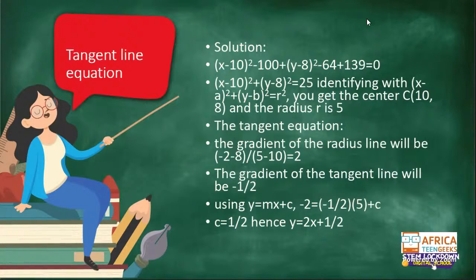So that will be the equation of the tangent line, y equal to 2x plus half. If that's the one that you guys have got, you may also share the answer. The correct answer there is y equal to 2x plus half. Okay, now we're going to move on.